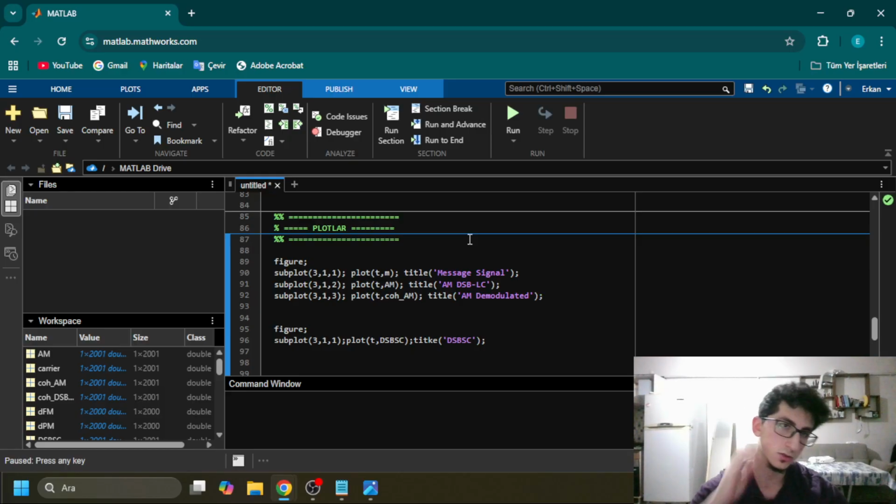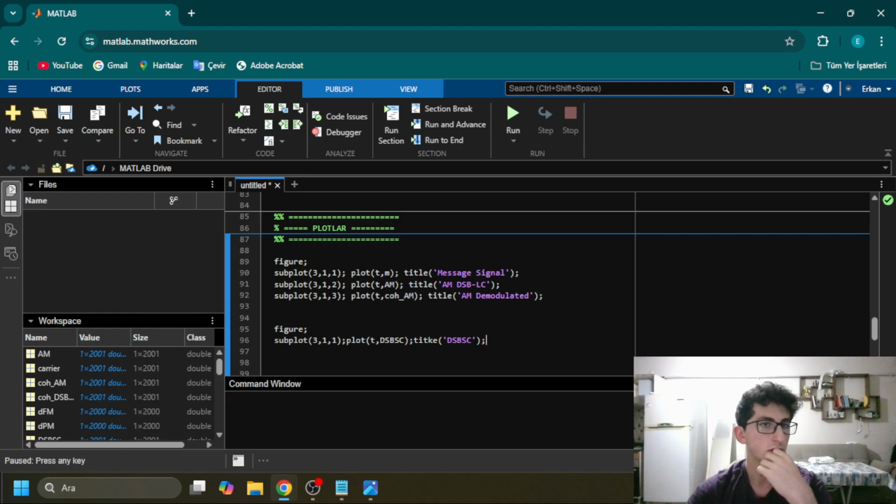So I'm gonna write this code 2 more times, and there will be different parts in plot and also subplot and the title. The second title is gonna be DCBSC demodulated, and the third one is gonna be SSB signal.